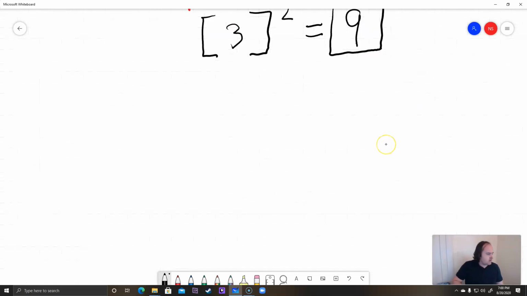Okay, so let's go on to problem number 4. This is still the same section, 2.5. It's a big section with lots of individual cases. So for this next problem, we actually have 8 times 4 written as a dot.